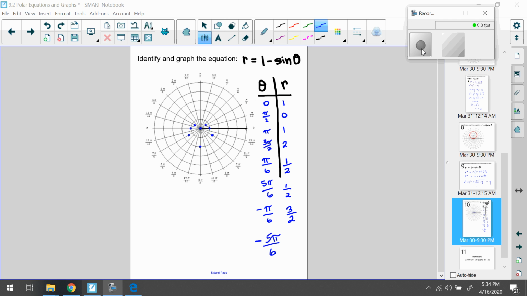Okay. So if I wanted to, I could keep creating more points. I kind of feel like I have at least a general idea of what's going to happen here. And if I just maybe at this point connect the dots, not like in line segments, but with some curvature, kind of like a circle might be curved, I'm kind of thinking it's going to look a little something like this.